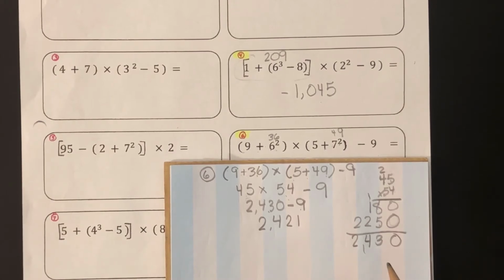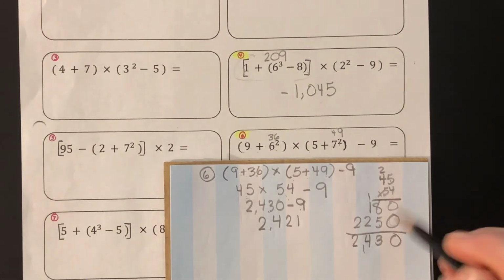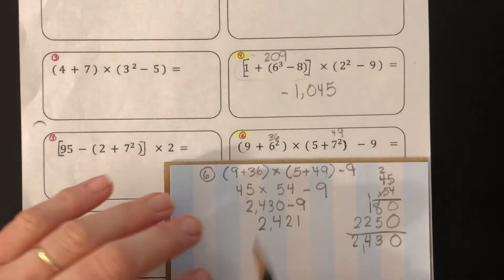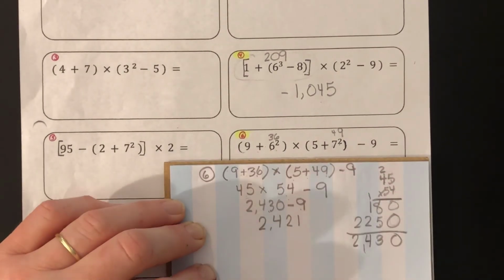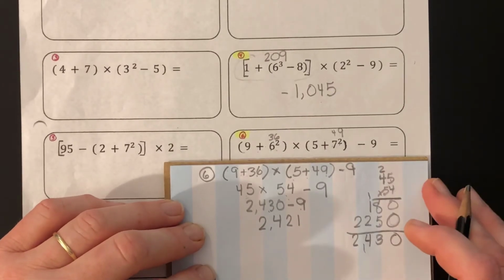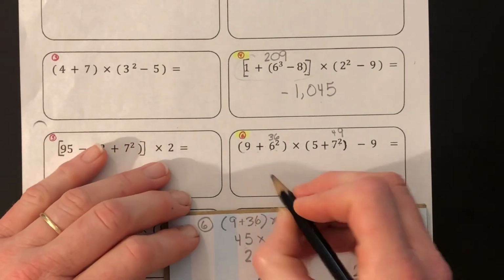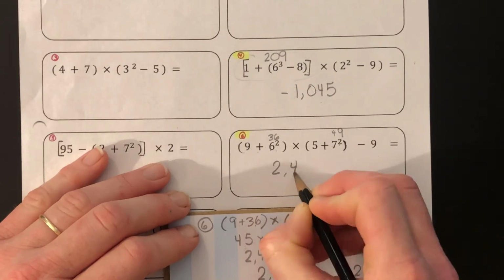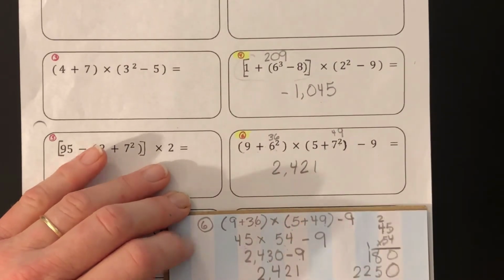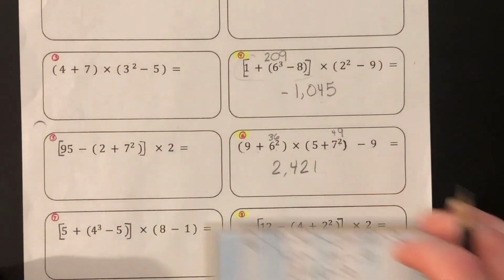I need to see your work. However, since I'm doing this one, you don't have to do that. You do have to do these. All right, 2,421. Let me write that down. 2,421 is number 6.